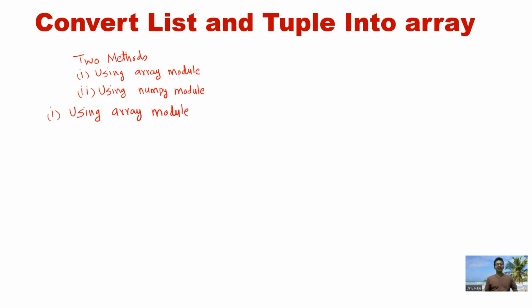Before we convert into an array, let us first learn why we need to convert a list and tuple into an array. Since list and tuple are heterogeneous types, sometimes in programming we need to convert these heterogeneous types into homogeneous types, that means elements of the same data type.